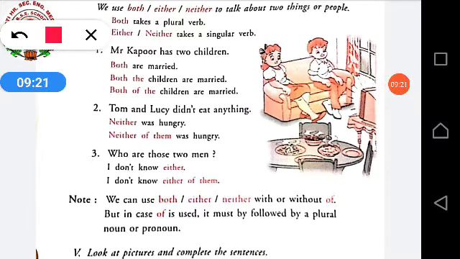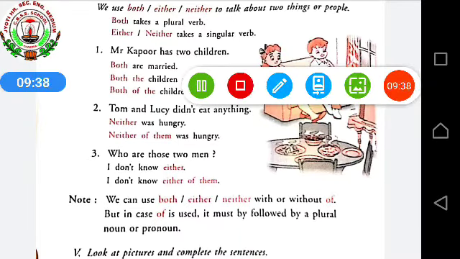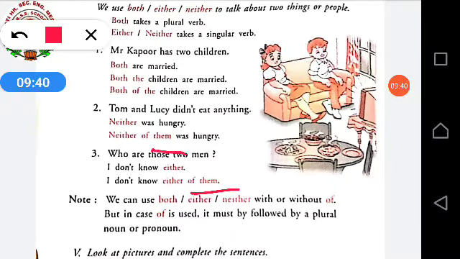Here we have used plural. Both children, they are plural. Neither of them, plural. I don't know either of them, plural. In such a way. And all these, them, are what? Pronouns. And children, noun.